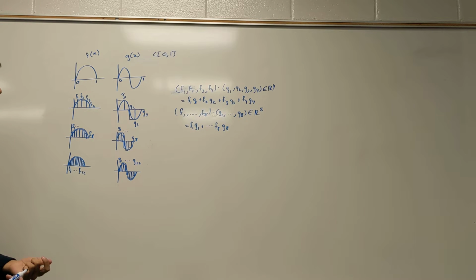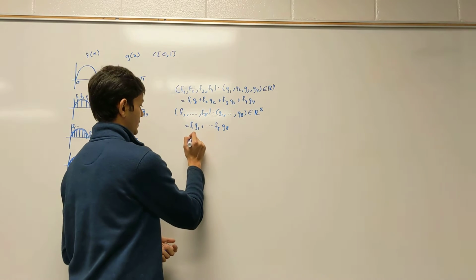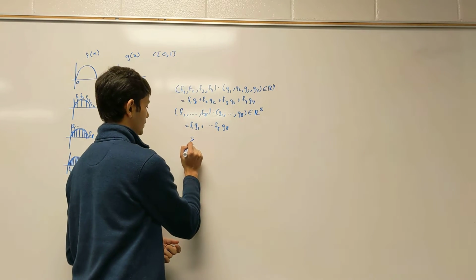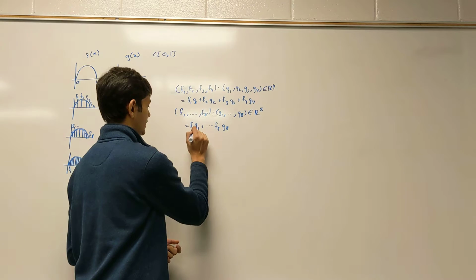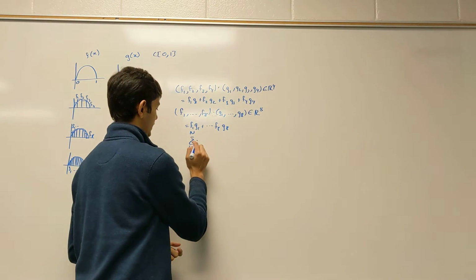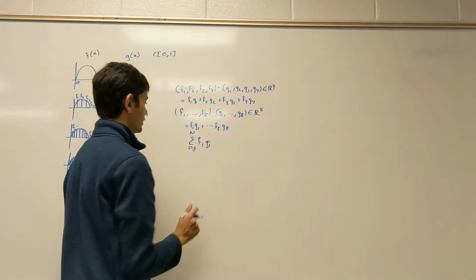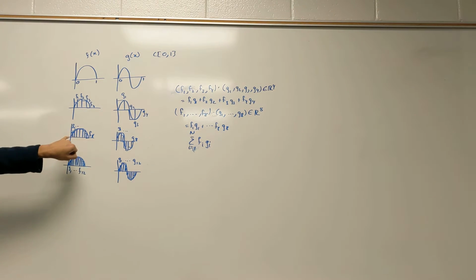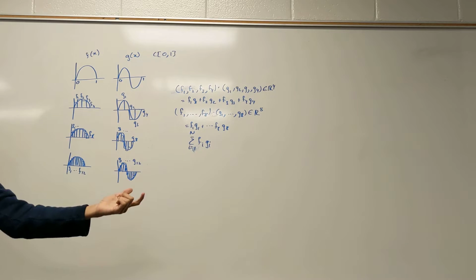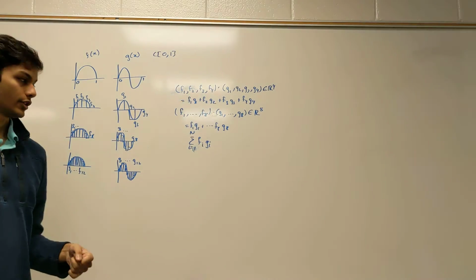So if we keep on going with this dot product, it's pretty obvious what's going to happen. We're going to get the sum over i equals 1 to n of f sub i, g sub i. So it's just saying, take the ith value here, take the ith value here, multiply them together and add them. And that's what these dot products are.